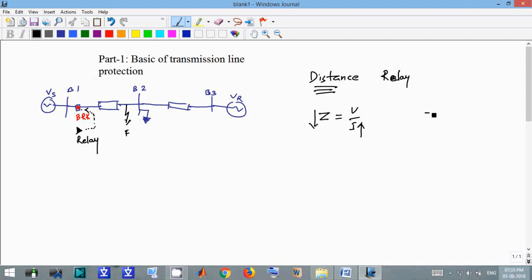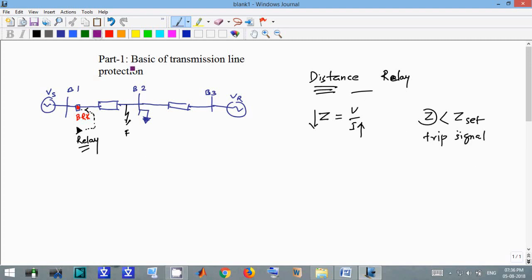So if we set a value of Z greater than the transmission line impedance seen by this relay, then it will give the trip signal. This is the basic of the distance relay.